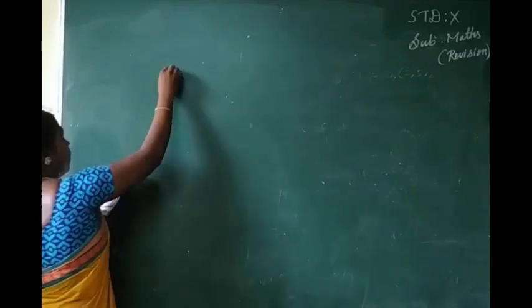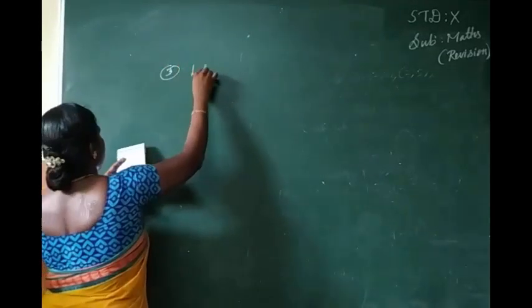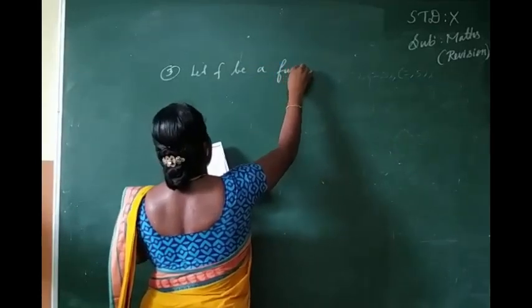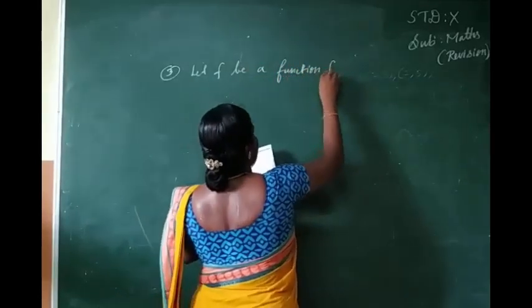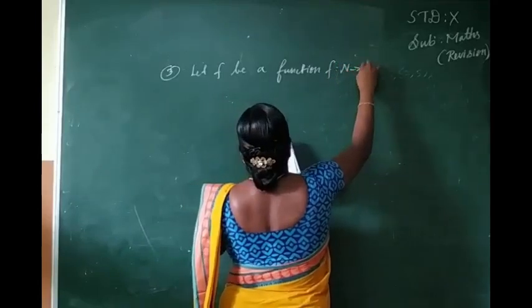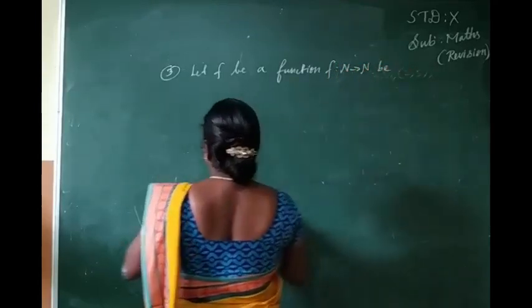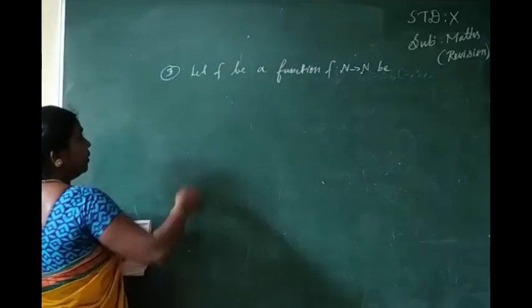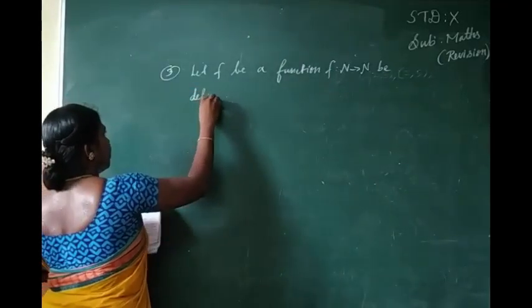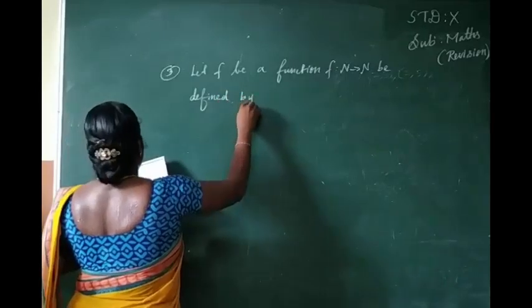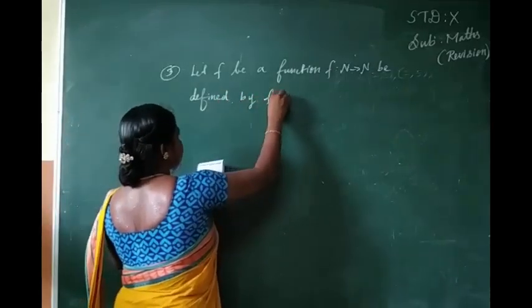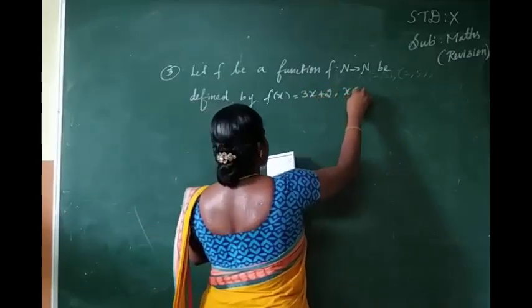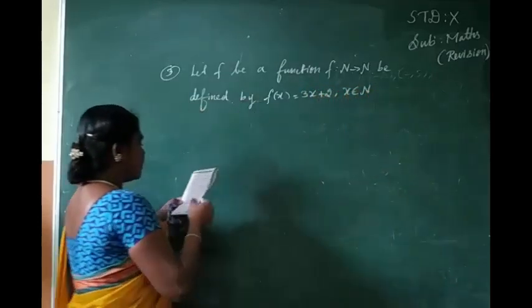Third problem. Let f be a function f from N to N defined by f of x equal to 3x plus 2, x belongs to N. So here there are three subdivisions.